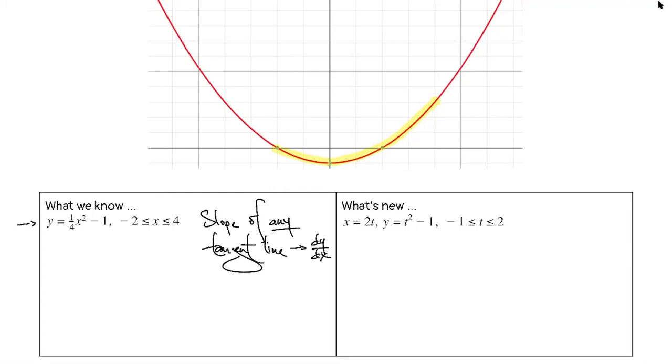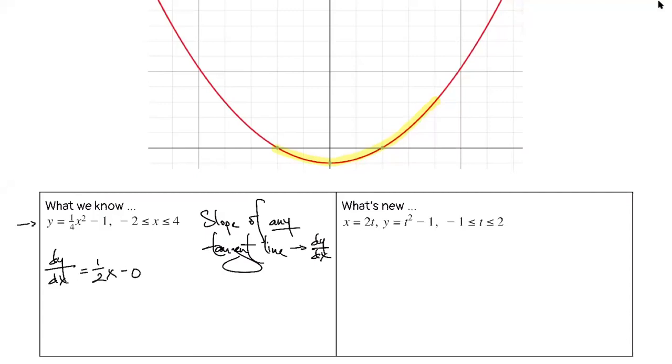Now, we all know how to find the derivative of y equals 1/4 x squared minus 1. We would say that our y becomes dy dx when we take our derivative. The derivative of 1/4 x squared is going to be 1/2 x.